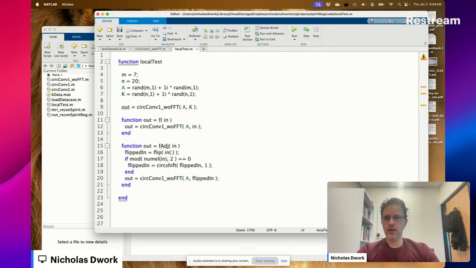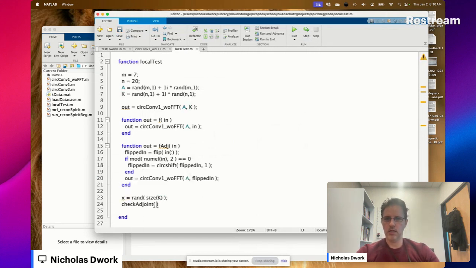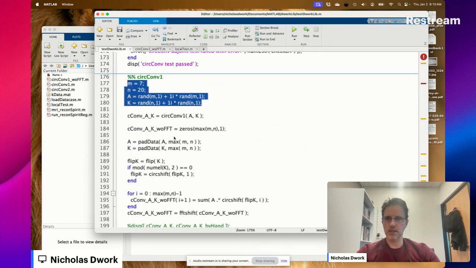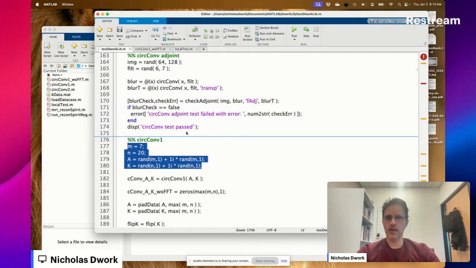Okay, now I'm going to check the adjoint of this. I don't remember how check adjoint works. I could either look it up or just come over here. Nope, not there.